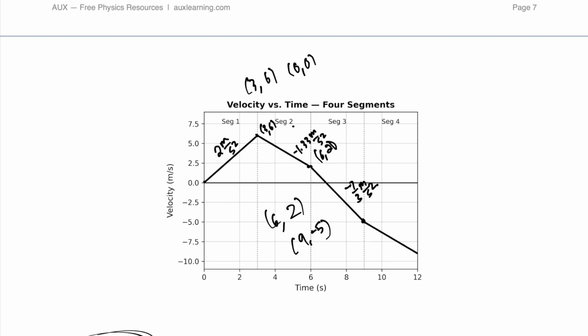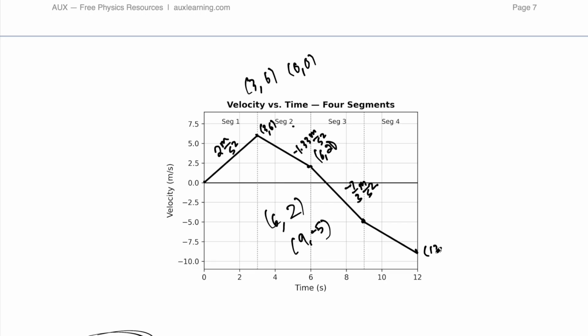Over here again, 9 comma negative 5, and 12 comma, I would say this is around between negative 10 and negative 7.5. So 8 would go there, 8.5. Yeah, I'll approximate this to be 8.5.